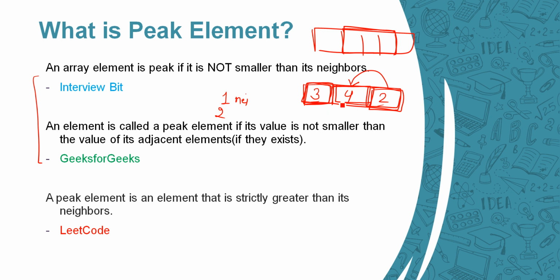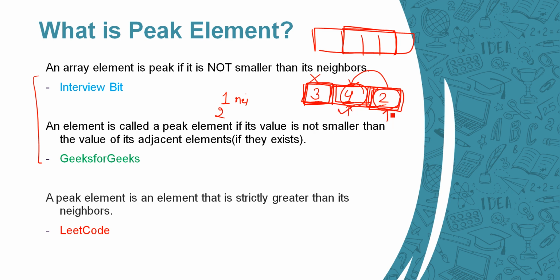So in this case 3 is smaller than 4, right? So the condition doesn't satisfy, and 3 is not a peak element. Now let's move on to the next element, which is 4. 4 has two neighbors, 3 and 2, and 4 is not smaller than 3 and 2, yes it is not, so this 4 will be considered a peak element.